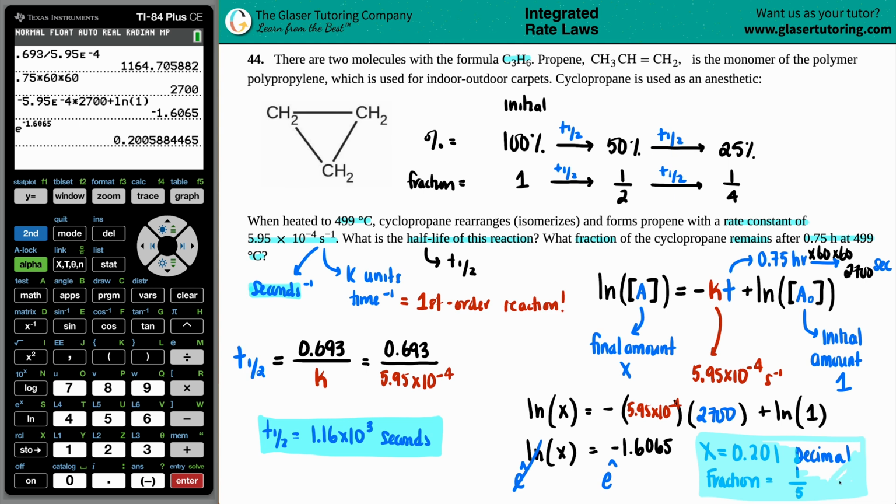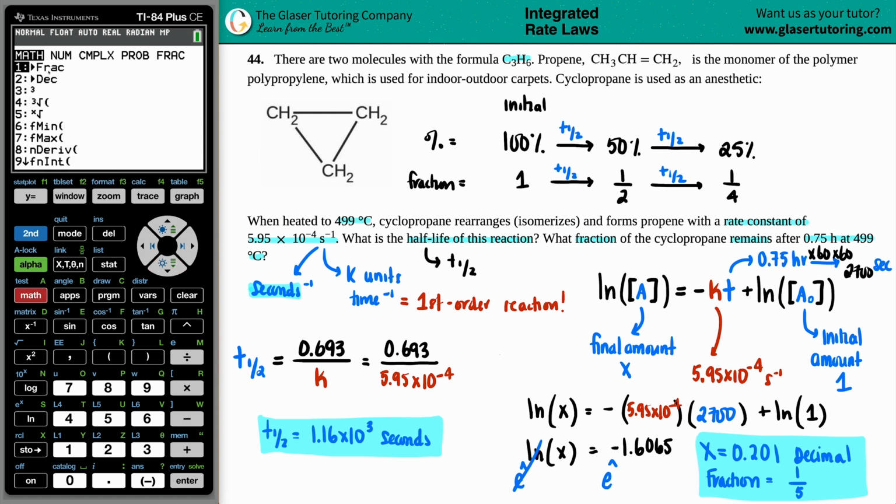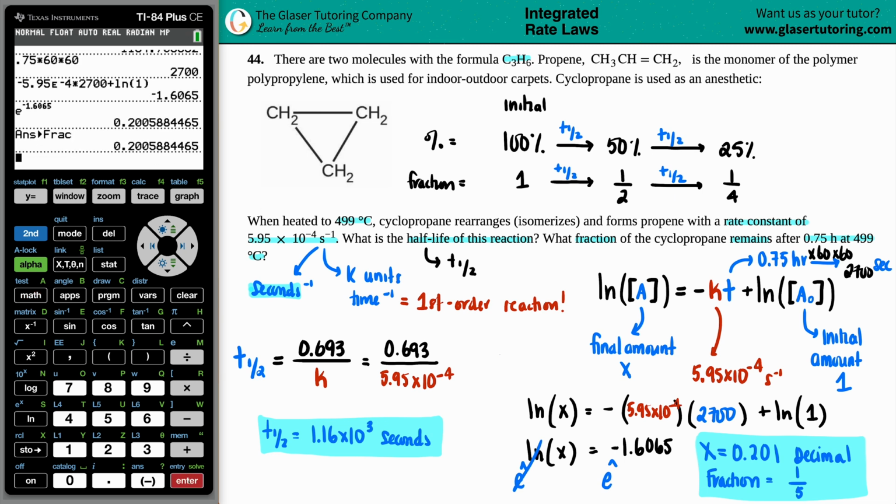Let's color this in, and I'll show you another way. Now, on the calculator, you might be able to get away with seeing what this is in fraction form. So I think what we do is we press math. Here it is, FRAC, fraction. So I press enter, and let's see.